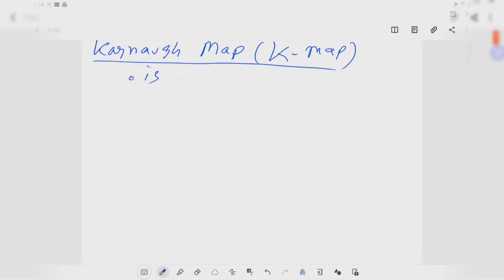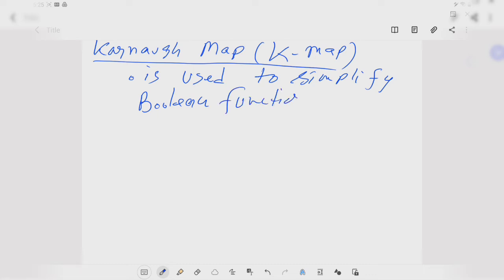We now study the Karnaugh map, or simply K-map. The K-map is a tool used to simplify Boolean functions or Boolean expressions, up to 4 variables.